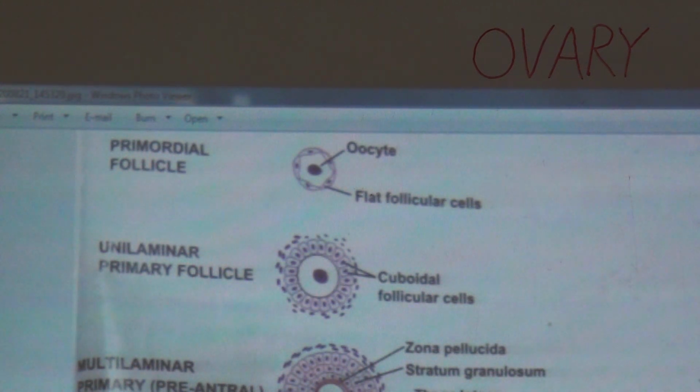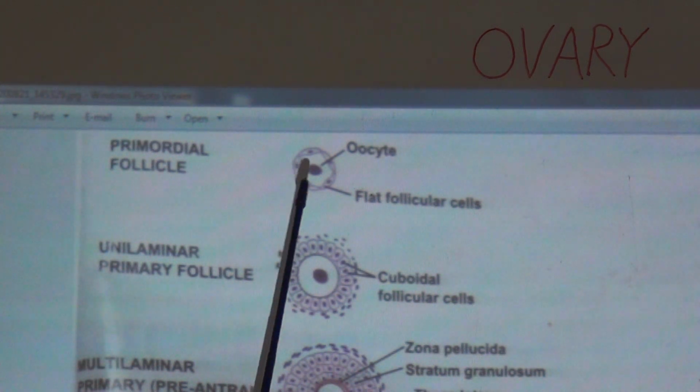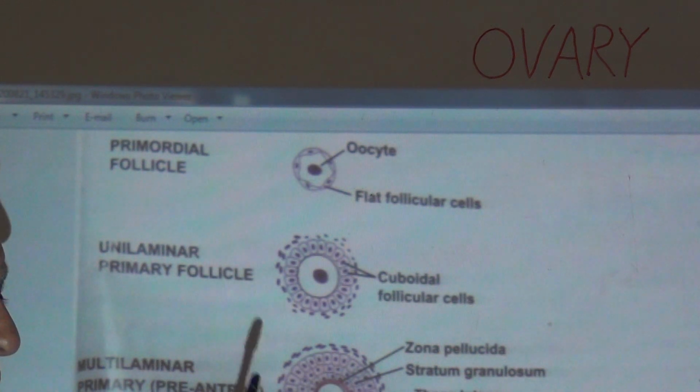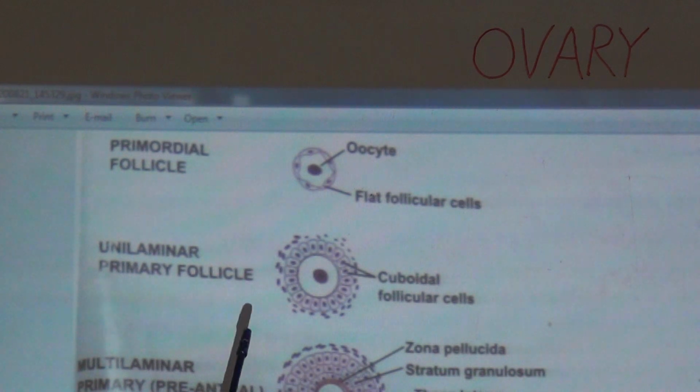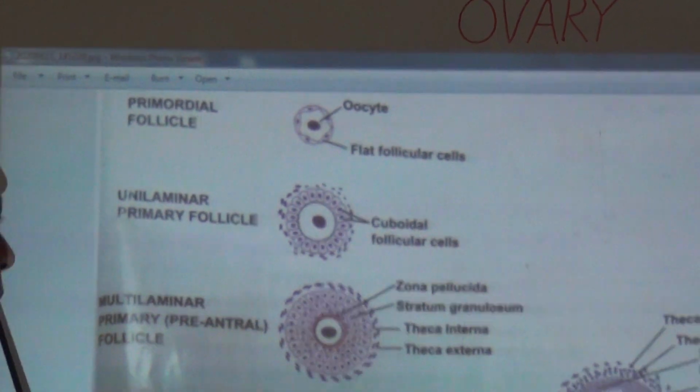So this follicle is called the primordial follicle. Here this follicle is in the inactive state, the primordial follicle.